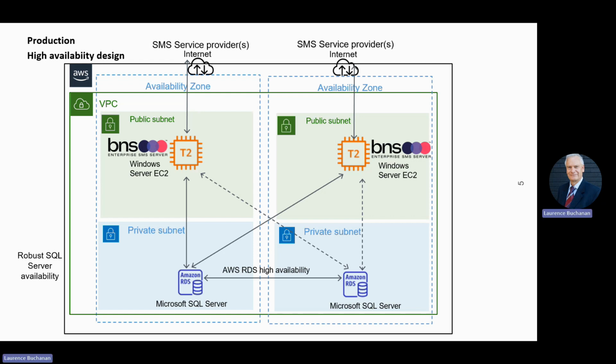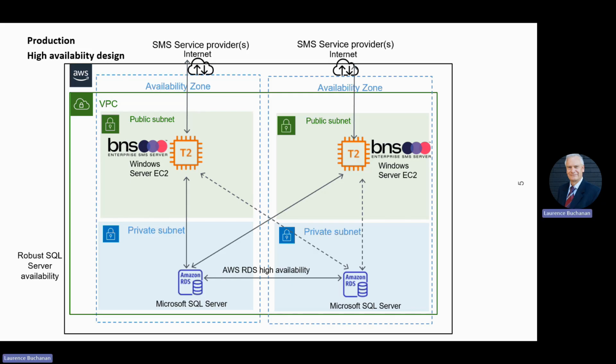You'll notice there's a dotted line from the second server on the right-hand side. That would be the path it would take if it were using the SQL Server on the right-hand side.